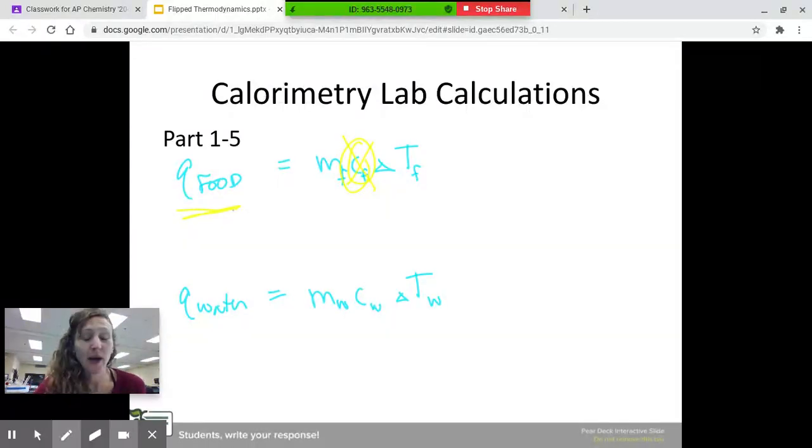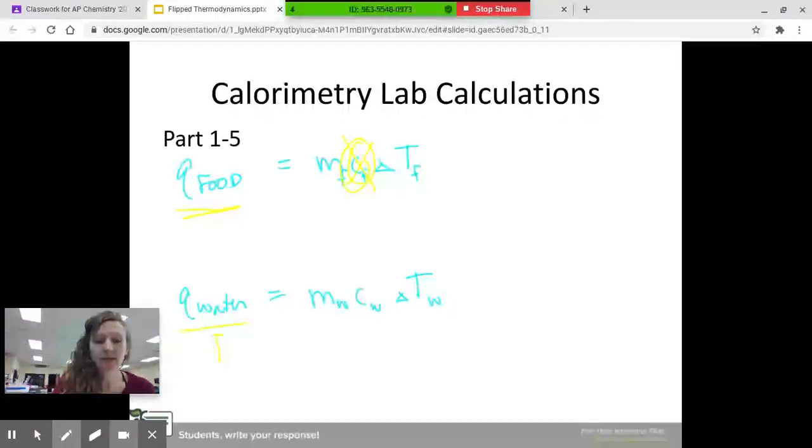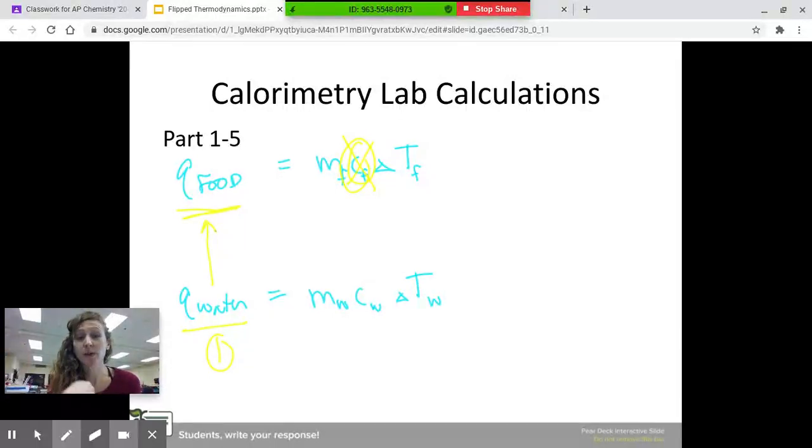Yeah, you have to calculate Q of water first, and then assume that whatever the water absorbs is what the food has given off. Okay, so go ahead and do that.